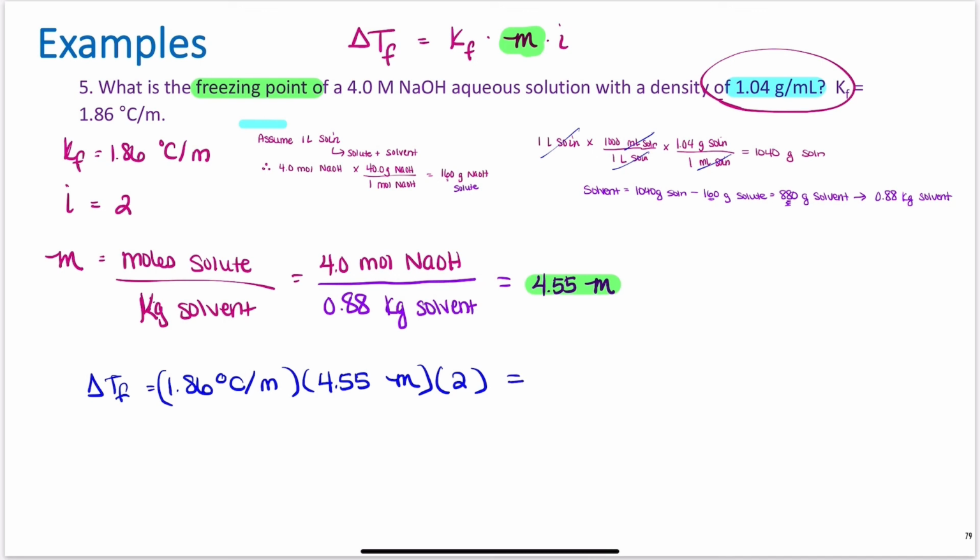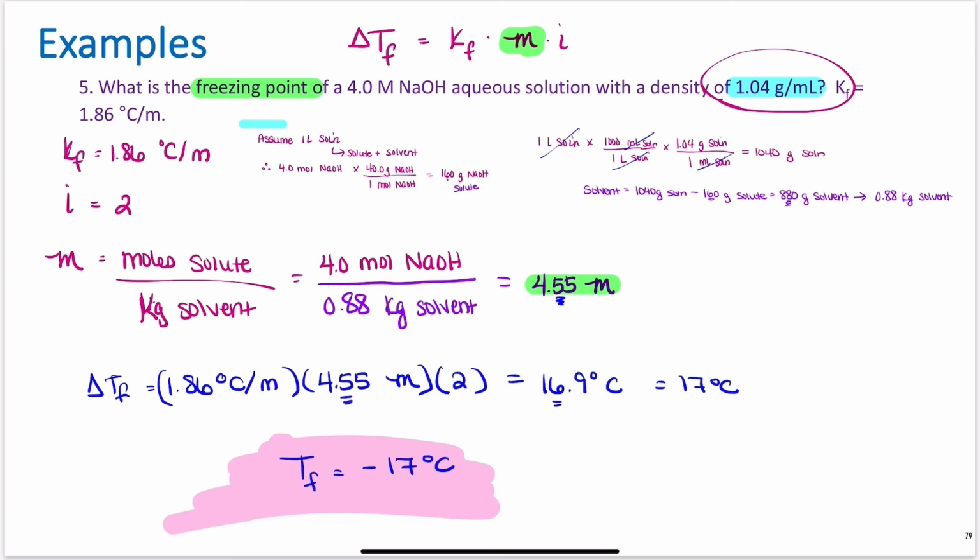Calculate this out, and my sig figs are here. So 4.55, I'm just not rounding yet, gives me 16.9 degrees C. 2 sig figs is 17 degrees C. But remember, this is freezing point depression, so my actual freezing point here will be negative 17 degrees C.